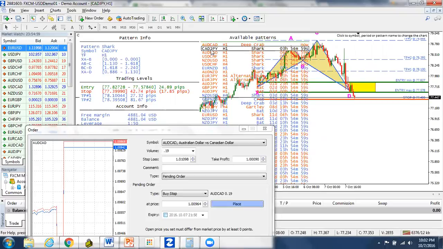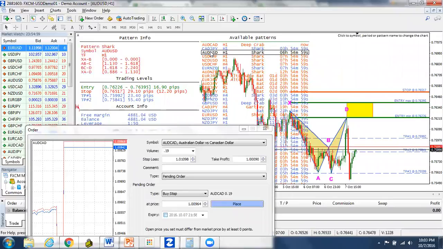On a sell stop, let's say the market was here. You might put a sell stop here, and the market goes down, triggers a trade, and continues to go down. All right, that's the difference between the stop and the limit.